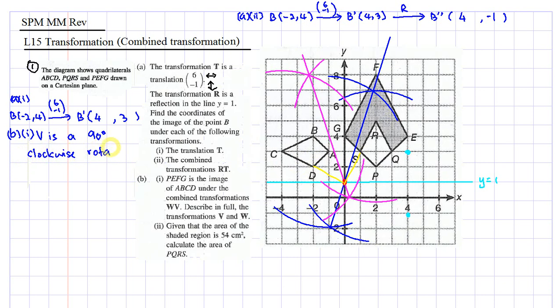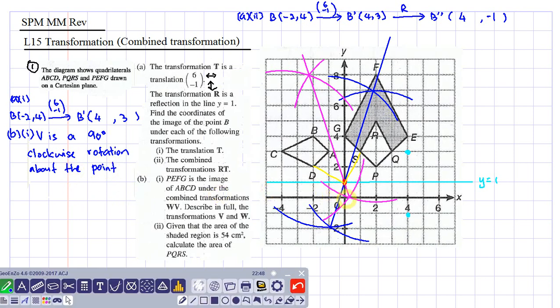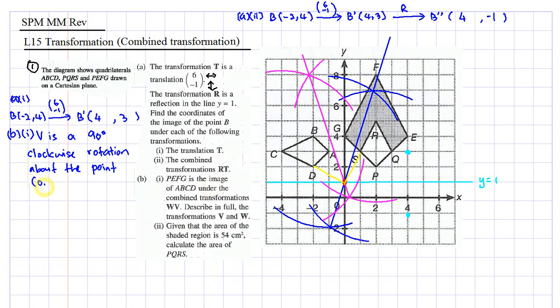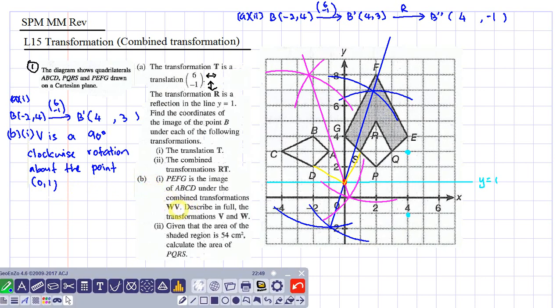Clockwise rotation about the point, this is 0, 1. Okay, now we have found the transformation for V. Now we go to the transformation of W.